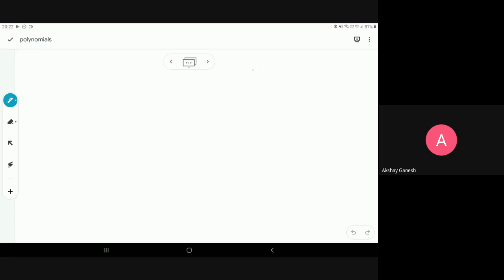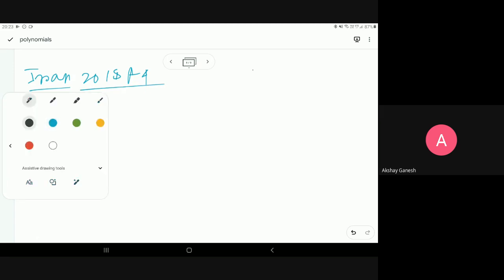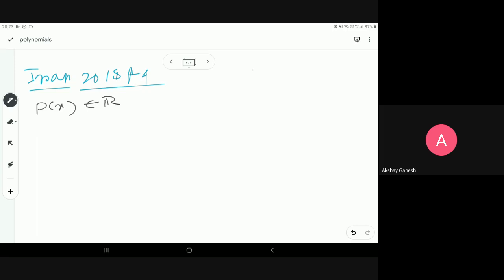Okay, so the Iran problem, 2018 A4. I'll just repeat the statement. What it tells you is that p of x is a real coefficient polynomial.